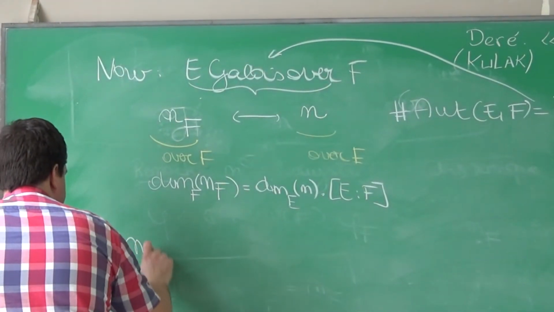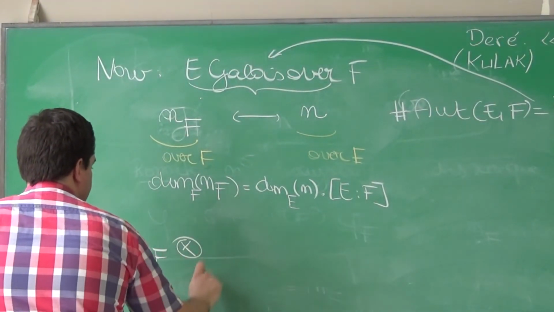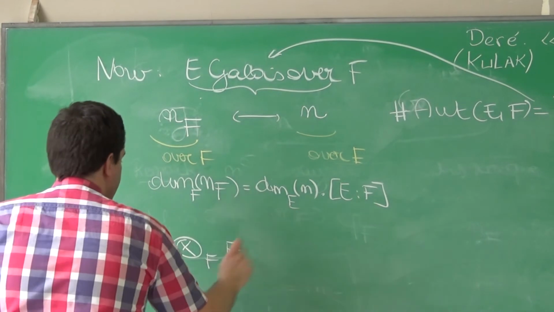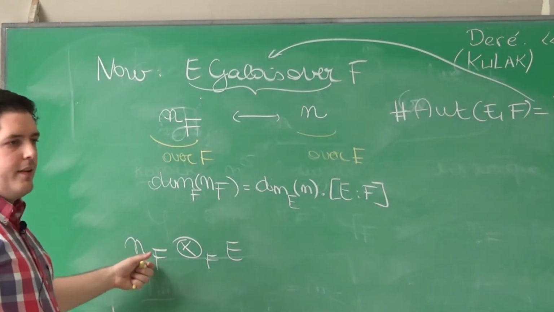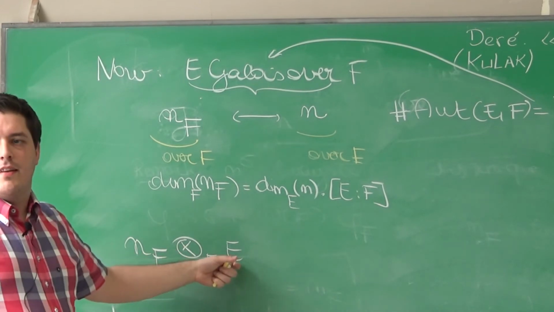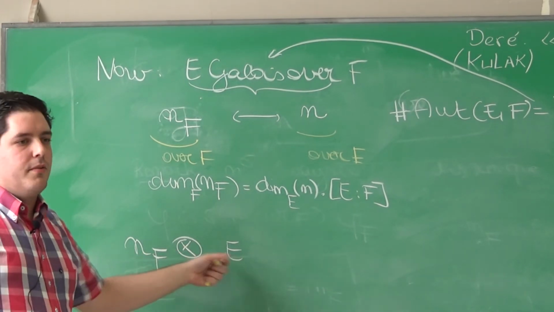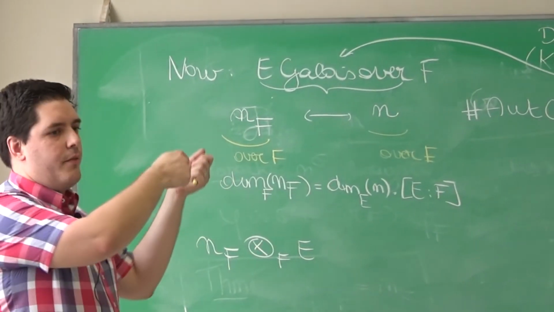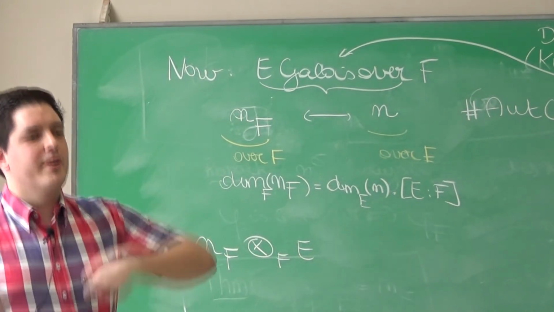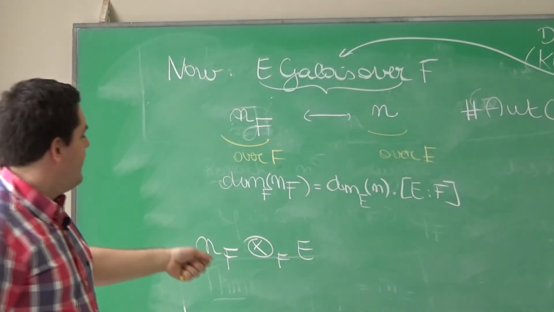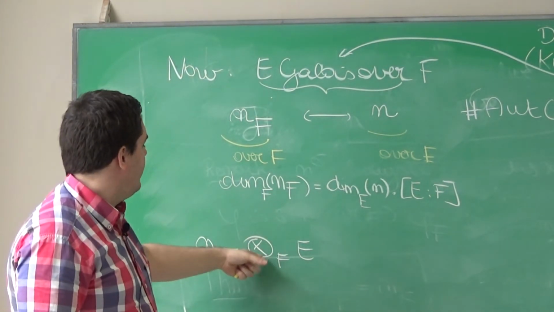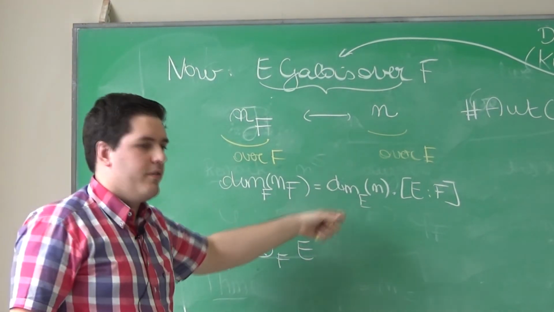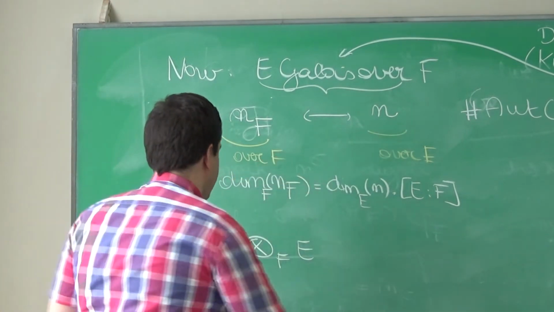So you could take the tensor product with E. If you think about R and C, this is a real Lie algebra, and you extend the scalars to C again. So it's a bit weird. Somehow, first you forget it was a complex one, and then you reintroduce a complex one. But this is not just the Lie algebra N. Why not? Well, this has dimension this thing, so it's bigger than the original N.